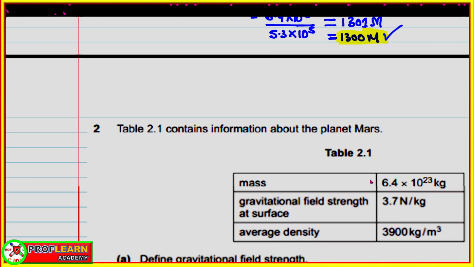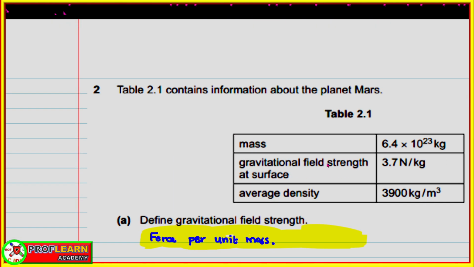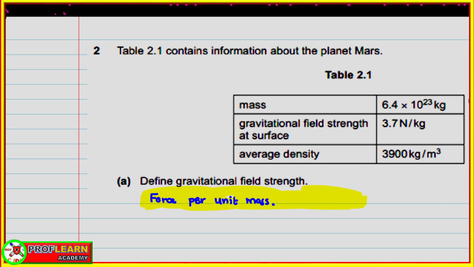We have question 2, which is a question about gravitational field strength, and you are supposed to define what we mean by the term gravitational field strength, and this is force per unit mass. So remember, gravity is equal to force over mass, which is the same as weight over mass, because weight is a type of force.